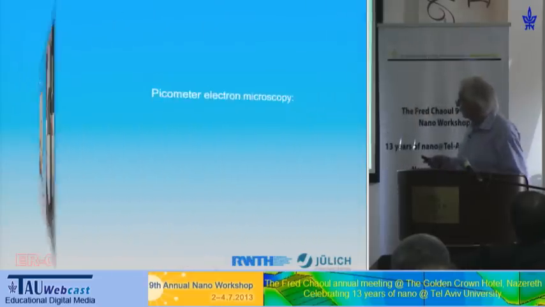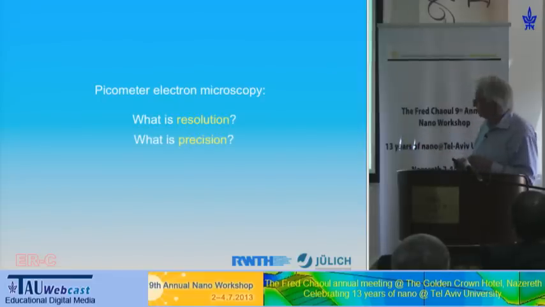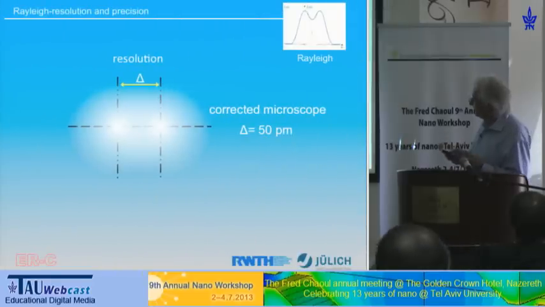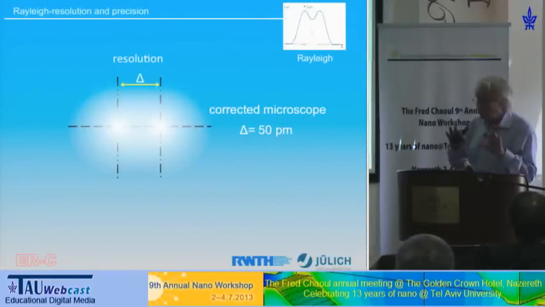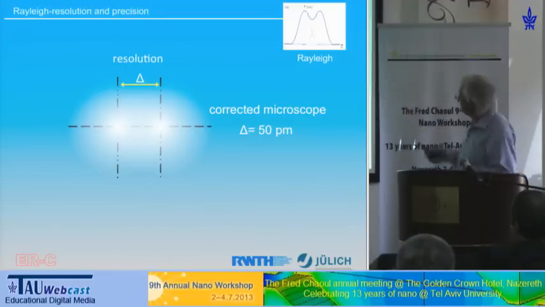And for this we have to look in detail into what is resolution and what is precision. So according to the Rayleigh criterion, I have to apologize for the projection. The projector just bleaches out everything, so the contrast goes down, but I think at least I can describe what I'm talking about.